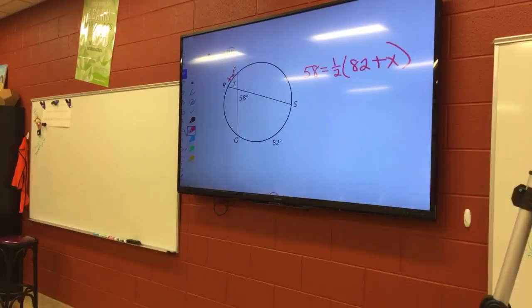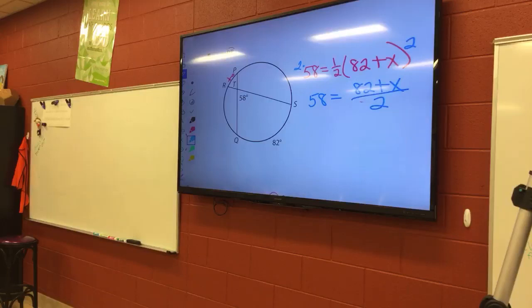So if I multiply both sides by 2, I'm multiplying both sides by 2, and 2 times 1/2 is just 1. Do you guys see why that gets rid of the 2? Let me write this. I could rewrite this like this, right?